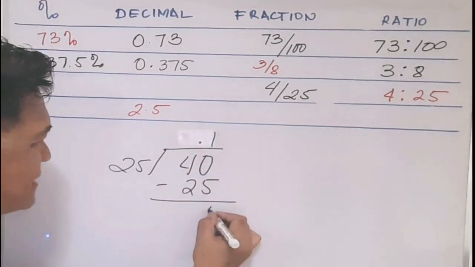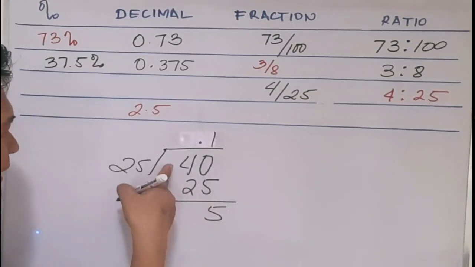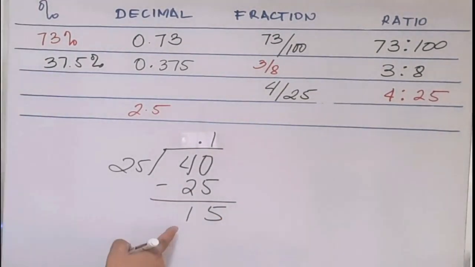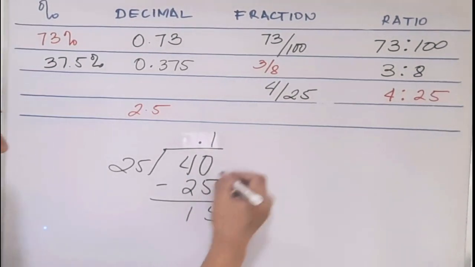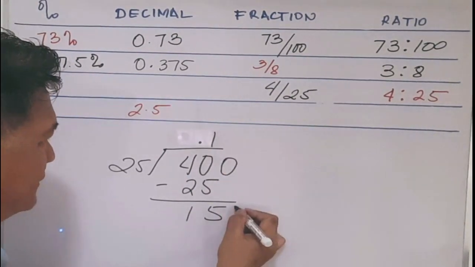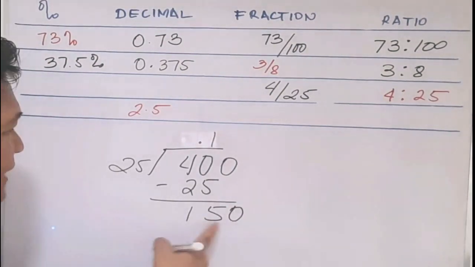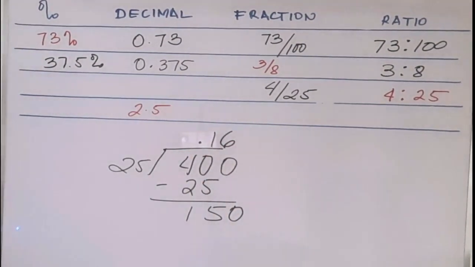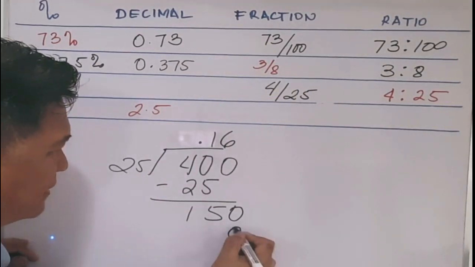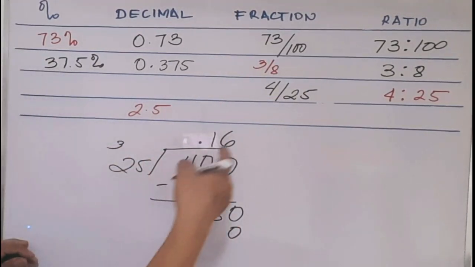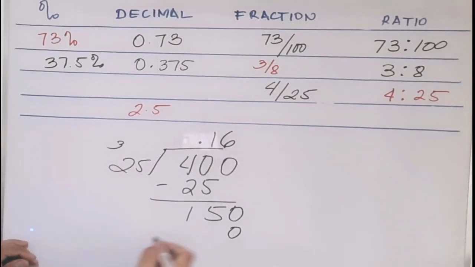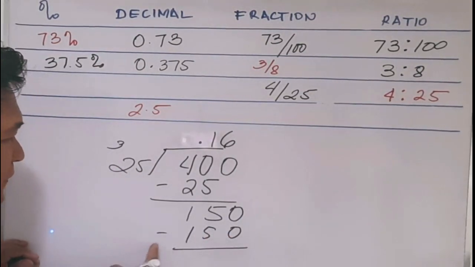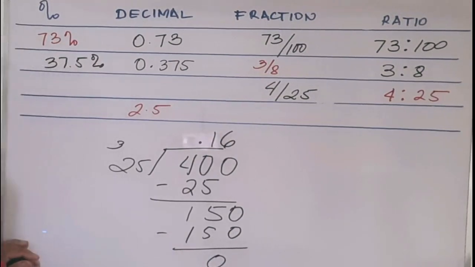We add another 0. 150 divided by 25 is 6. 6 times 25 is 150. We subtract 150 minus 150 is 0.